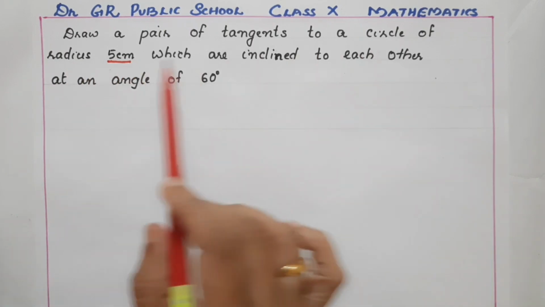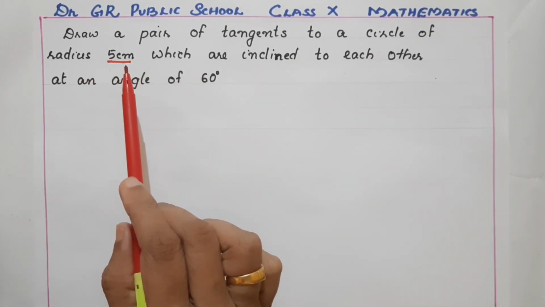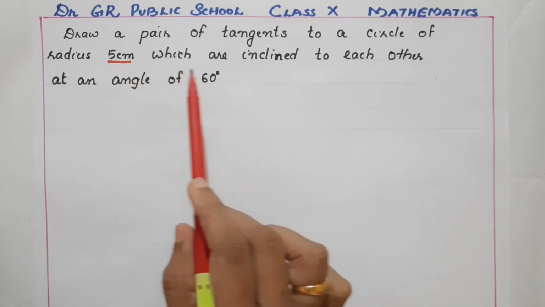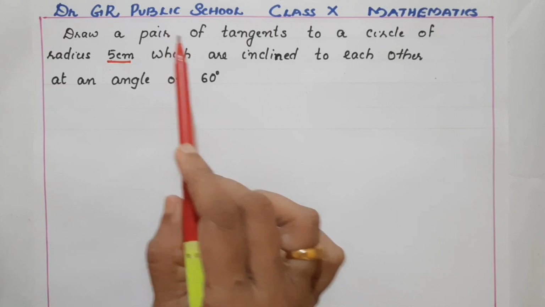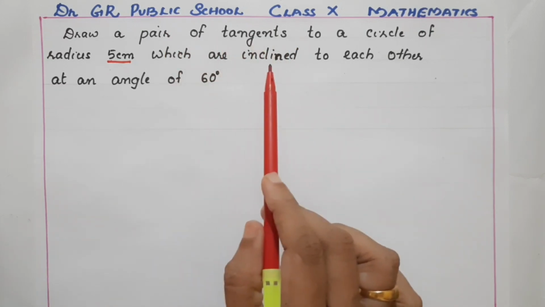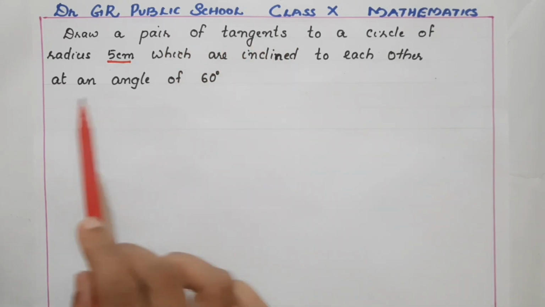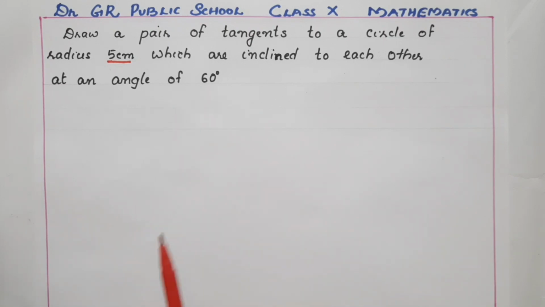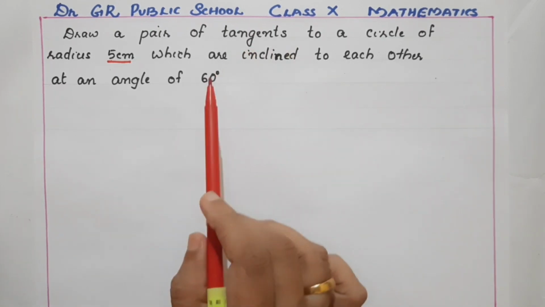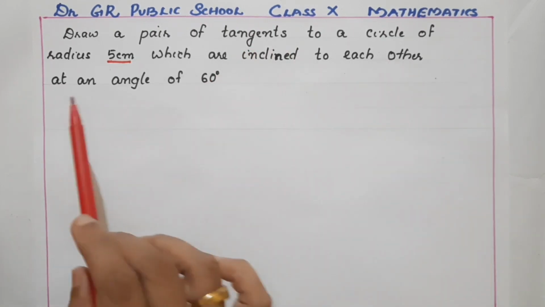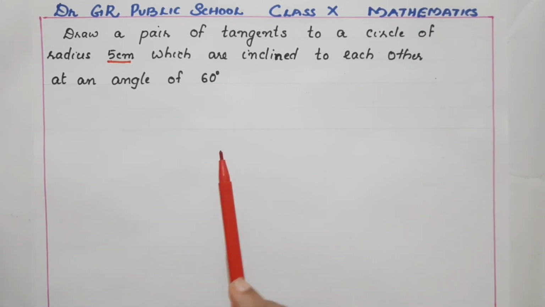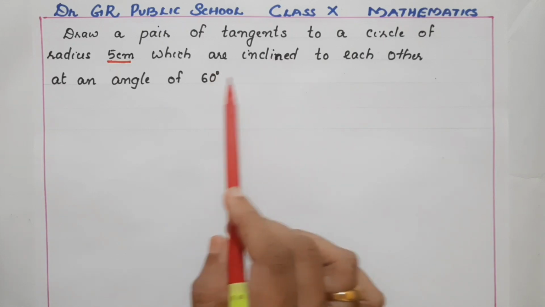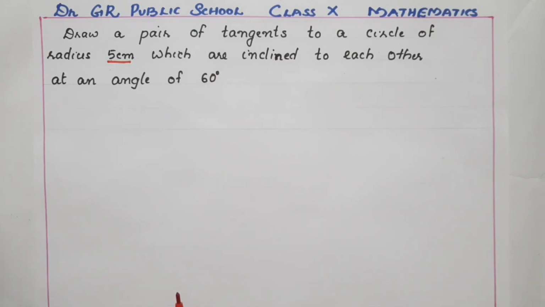So radius of the circle is 5 cm and which are inclined to each other. That means the tangents are inclined to each other at an angle of 60 degree. Tangents are inclined to each other at an angle of 60 degree means the angle between the tangents is 60 degree.